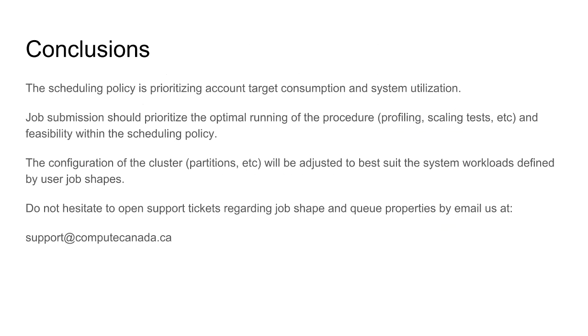But also consider that the shape or the footprint is feasible within the scheduling policy. Now the configuration of the cluster, the way that the partitions are distributed, is adjusted by the national scheduling team to best suit the workload defined by the user. So on our end, we monitor the workloads in the system and try to build the distribution of the partitions to best suit that workload.